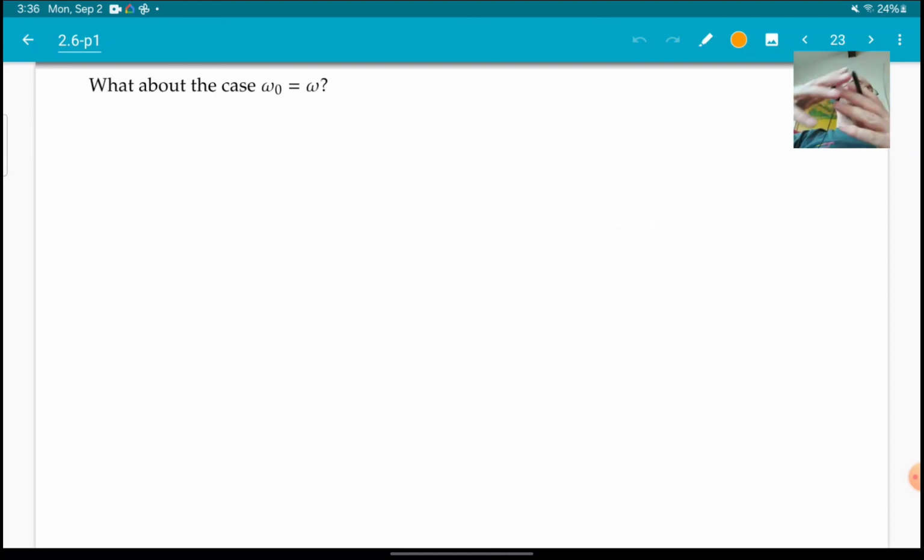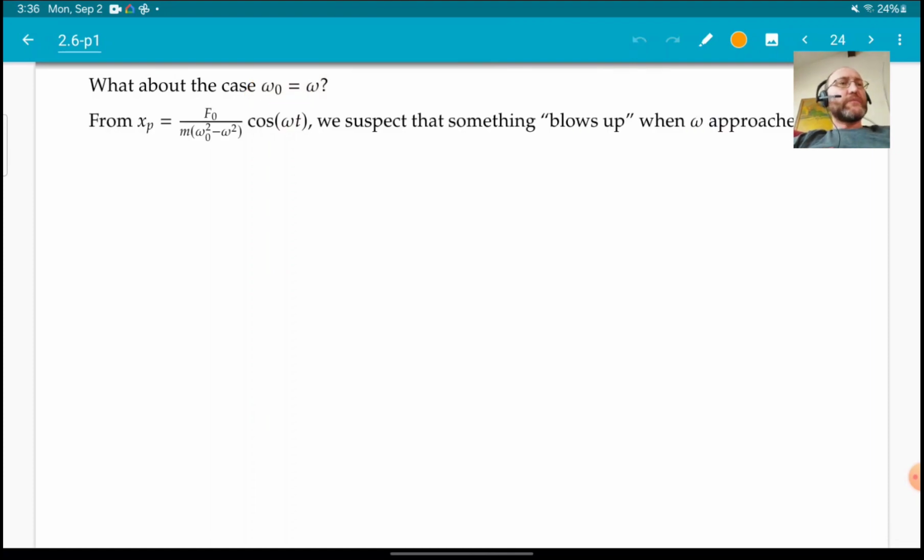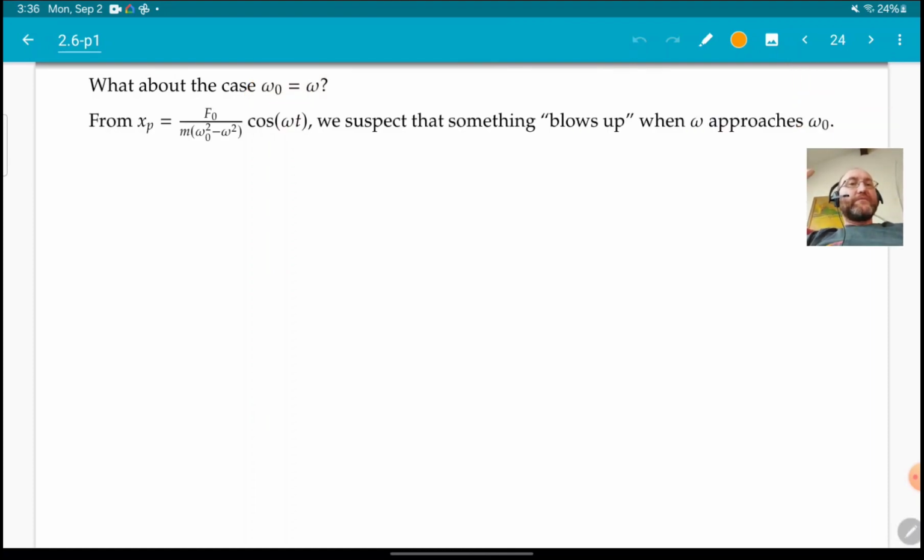All right. So now, what about the case when the frequencies are the same? When the forcing frequency is the same as the natural frequency? Here we suspect something will blow up from this term over here. We have an omega naught squared minus omega squared. Well, if they're the same, that's 0, and so we'd be dividing by 0. So the previous solution doesn't work.